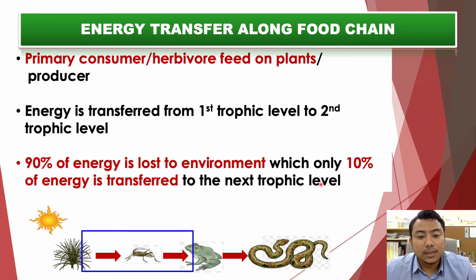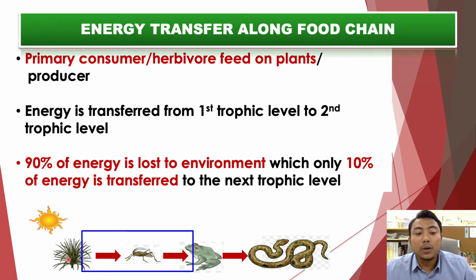Apa maksudnya kat sini tadi? Okay, first of all, don't get confused with this 1% at the beginning here. So cahaya matahari 95 or 99% daripada tenaga dia, sunlight itu tadi, is being reflected, dipantulkan oleh pokok tersebut. Hanya 1% sahaja yang diterima oleh pokok tersebut.